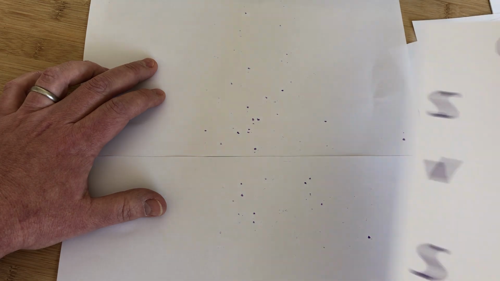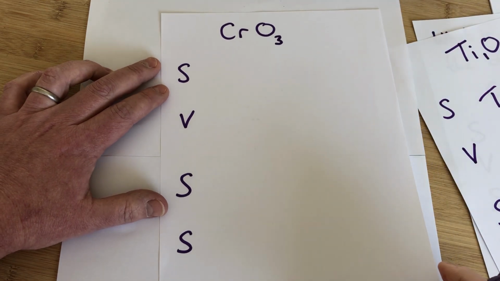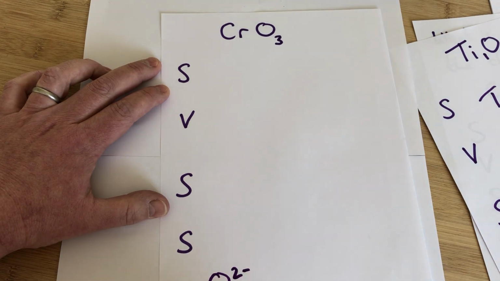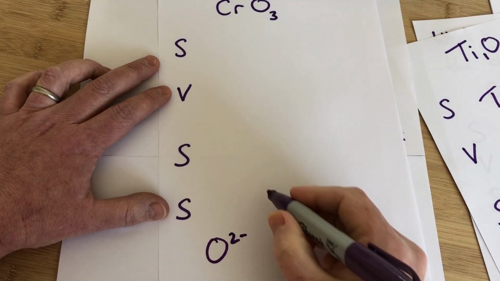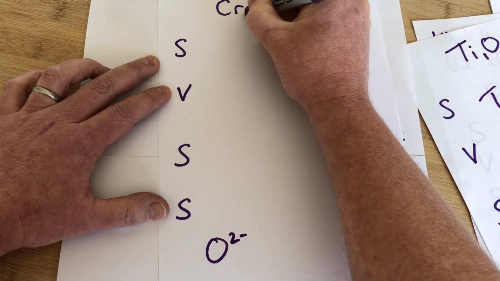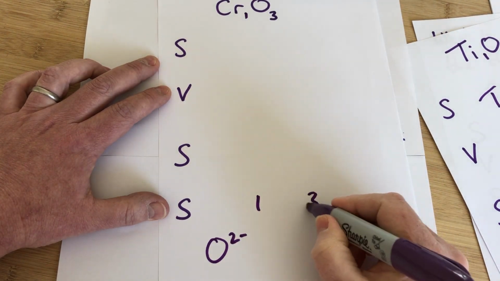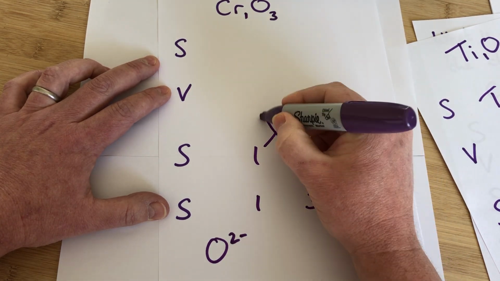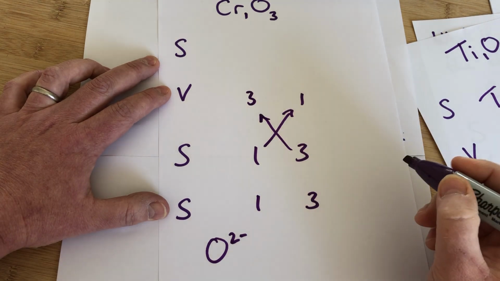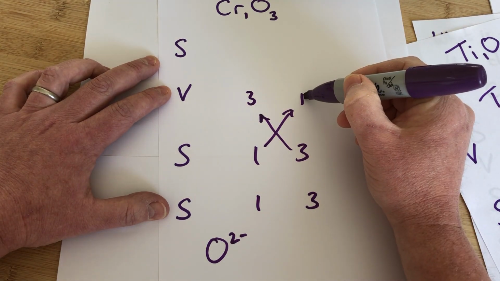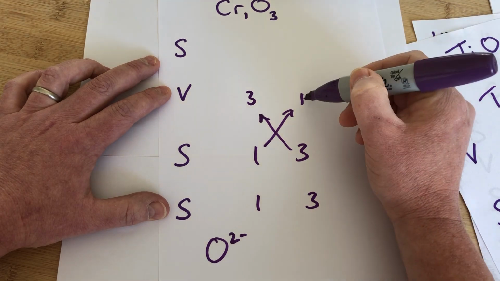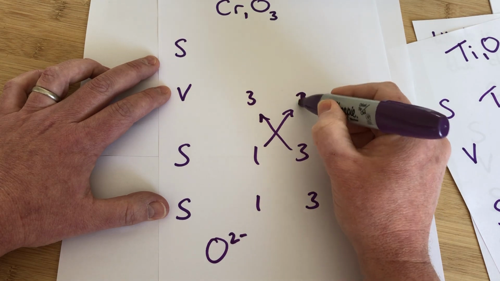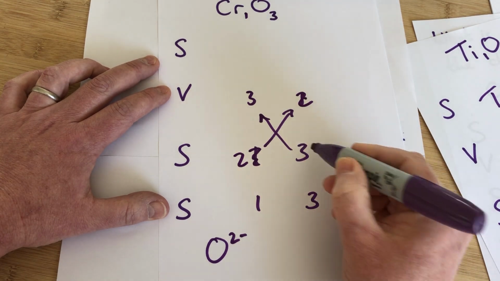Other examples of this would include this one, chromium oxide. Now again, you know oxygen is O2 negative. So the numbers from the formula are chromium 1, oxygen 3. 1, 3. You have switched those back over here. But again, oxygen has got a 1 beside it. This suggests that oxygen's valency is 1. We know different. We know that oxygen's 2. So that must be a 2. That must be a 2.